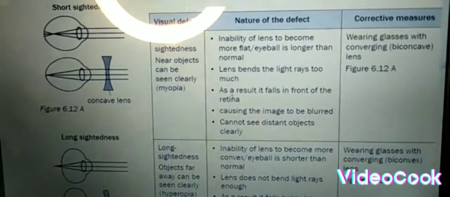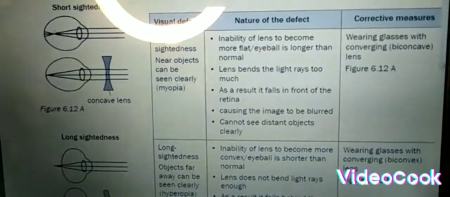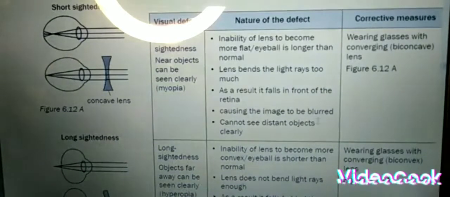I'm sure you can see here, the retina is this part, and all the light rays are here, in front of the retina. They are not going to the retina. This causes the image to be blurry.